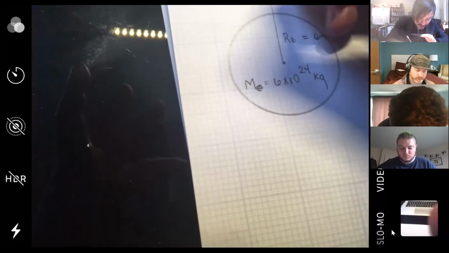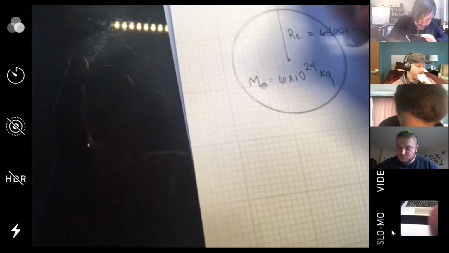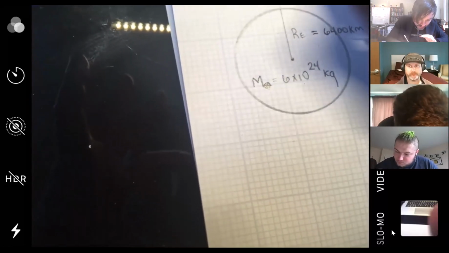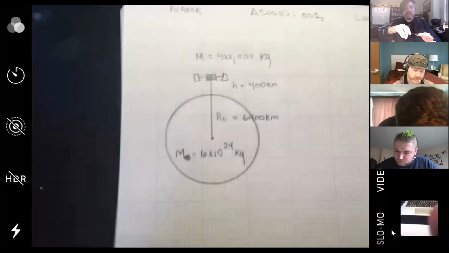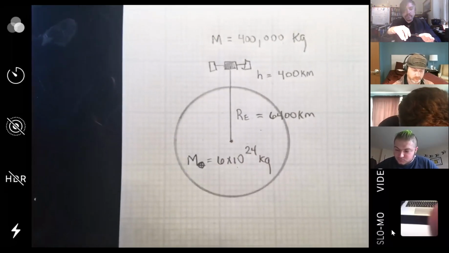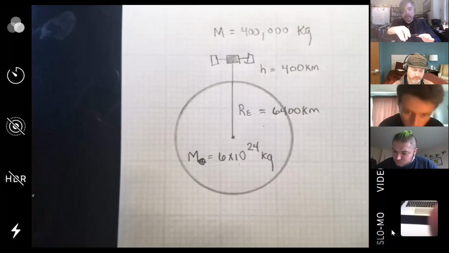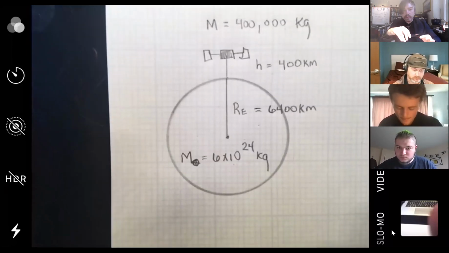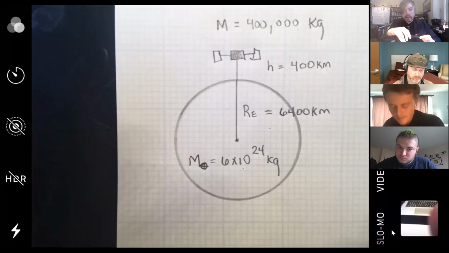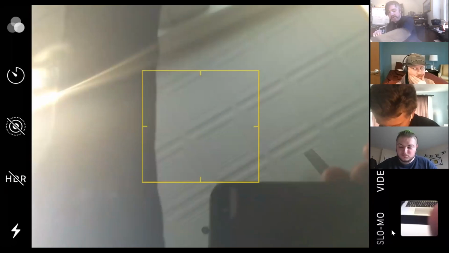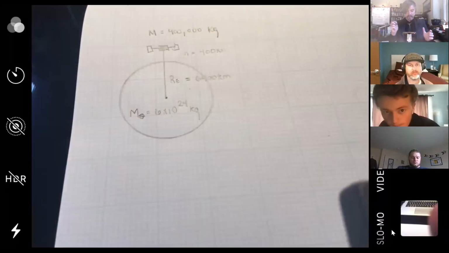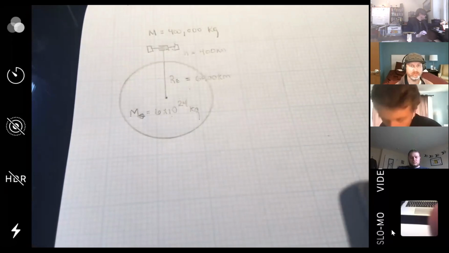And the mass of the ISS is 400,000 kilograms.